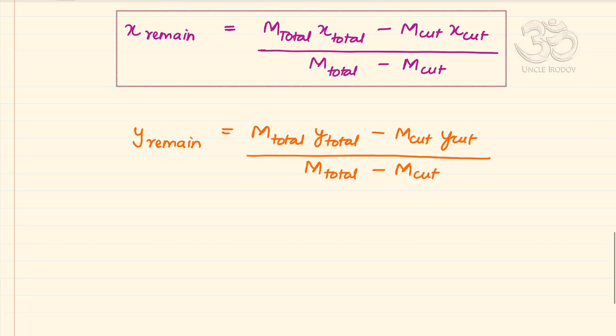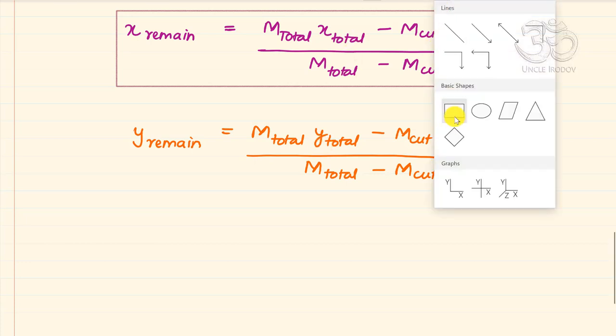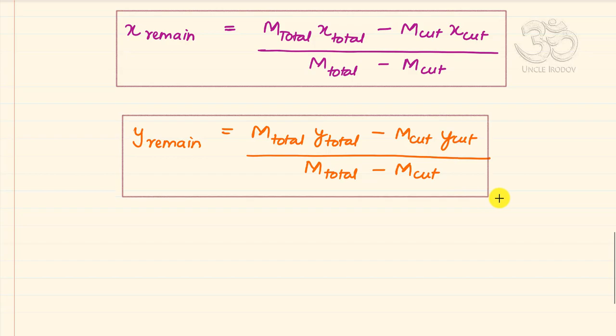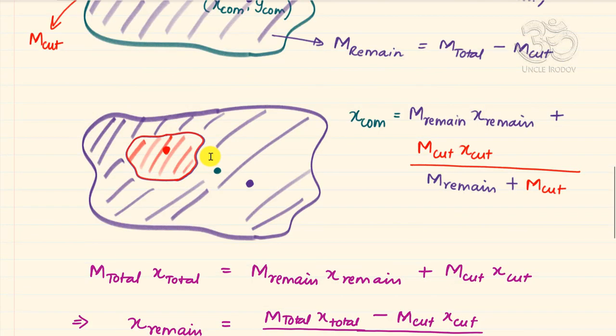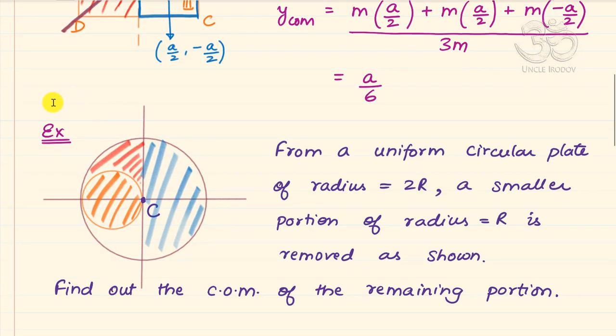So that is how the formula works, and now I think you will be easily able to get the answer to this disk cut out from a bigger disk problem.